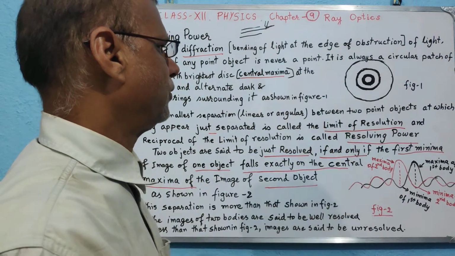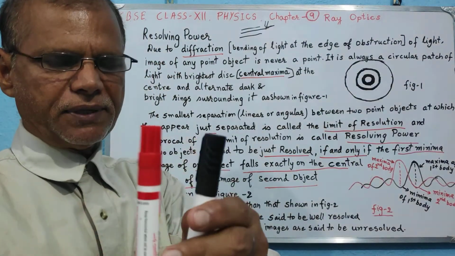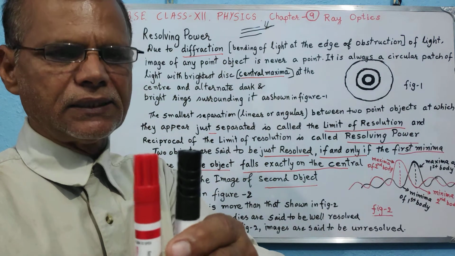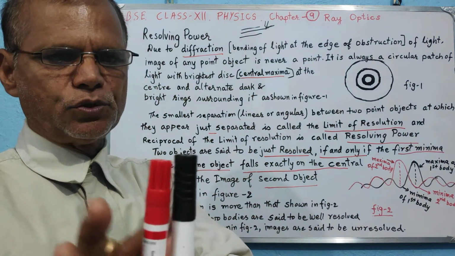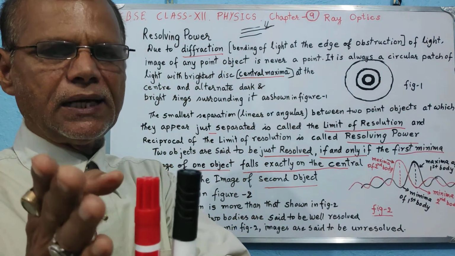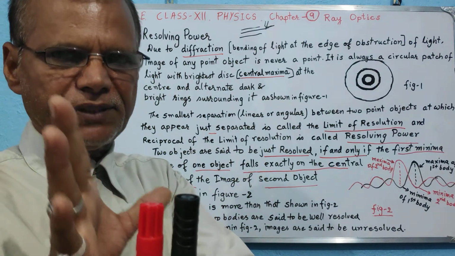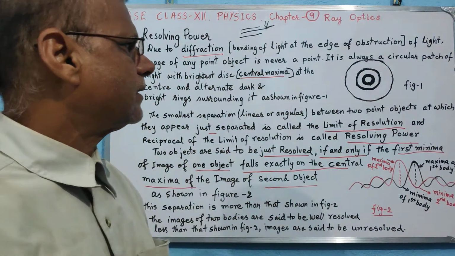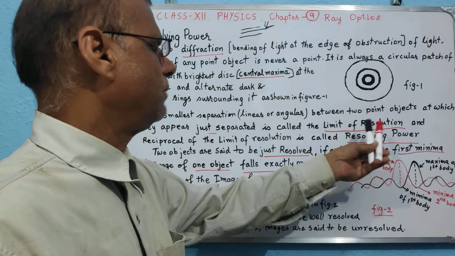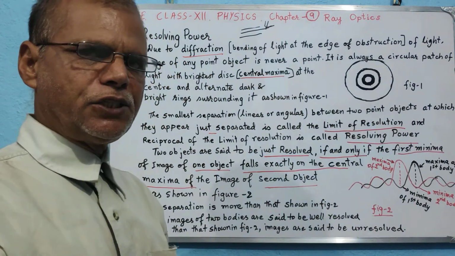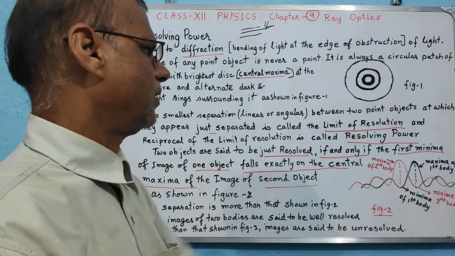That is, the minimum separation for which the images of these two bodies are just resolved, meaning they are very clearly and distinctly visible, is known as the limit of resolution, and the reciprocal of that is known as resolving power.